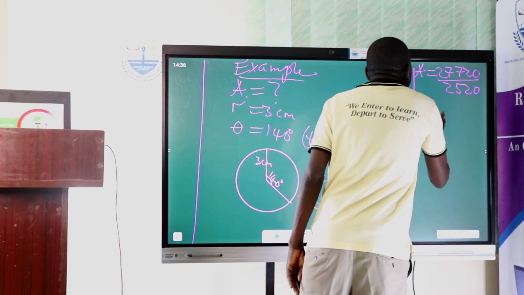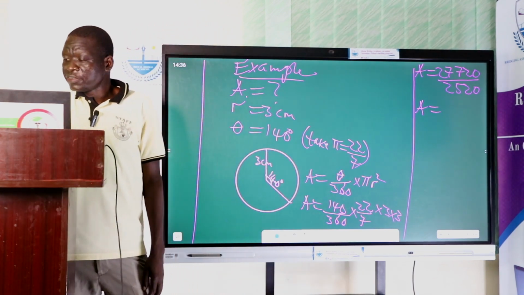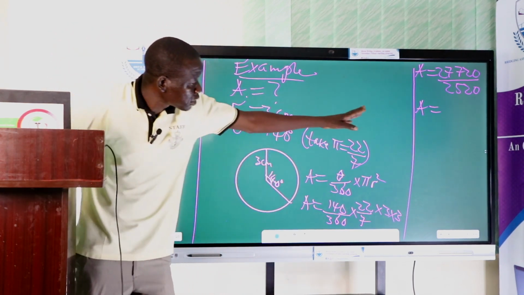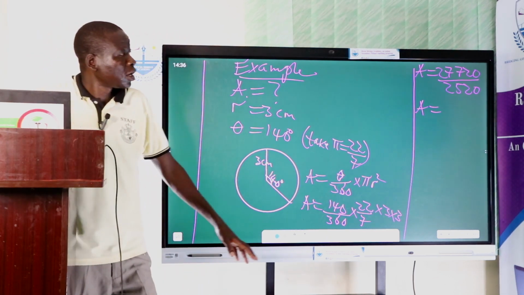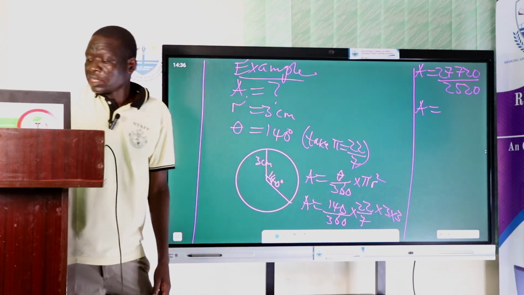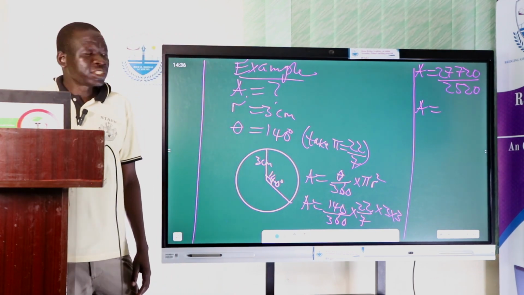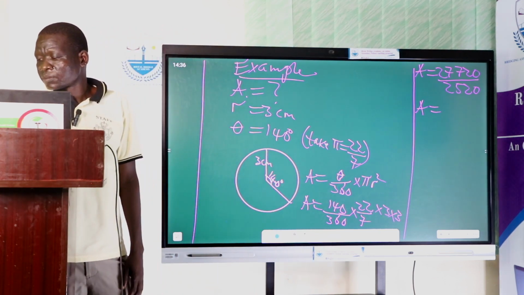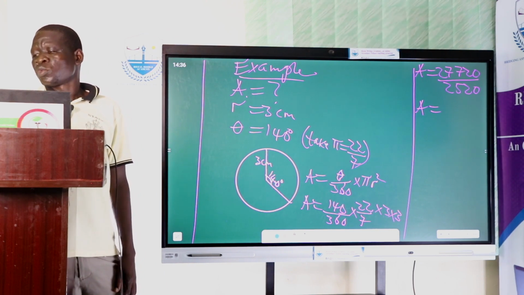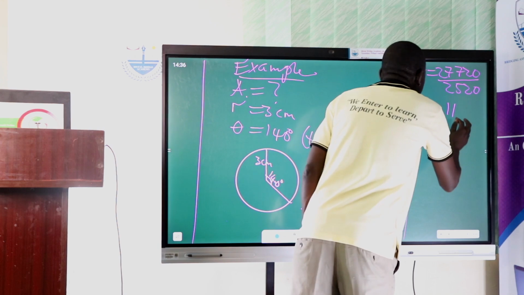So now our area, when we divide 27,720 by 2,520, we find that we get 11.